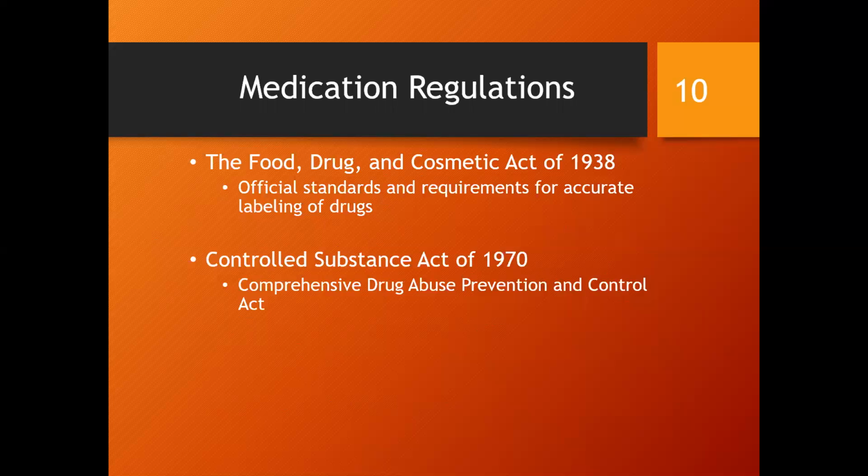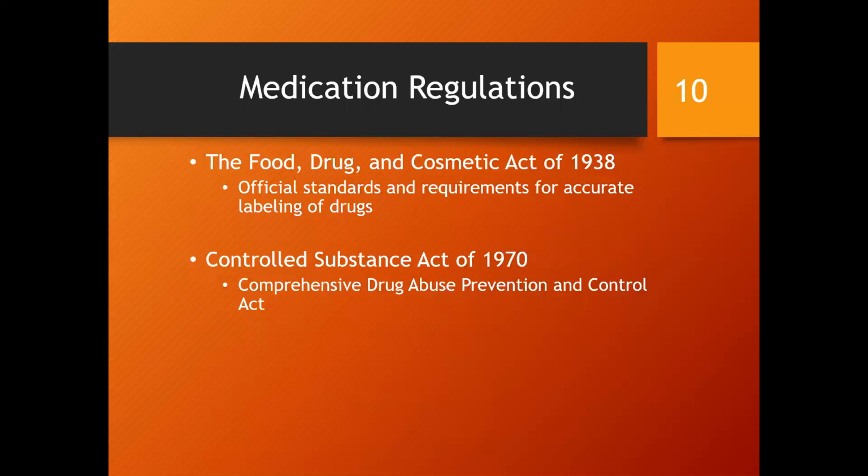The Controlled Substances Act of 1970 is a comprehensive drug abuse prevention and control act. So hospitals must register with the Drug Enforcement Administration, or DEA. And then they are assigned a registration number, and they use this number to purchase scheduled medications, so narcotics, basically. So they have to have that number. If they don't have that number, then they're not allowed to even have access to them at all.